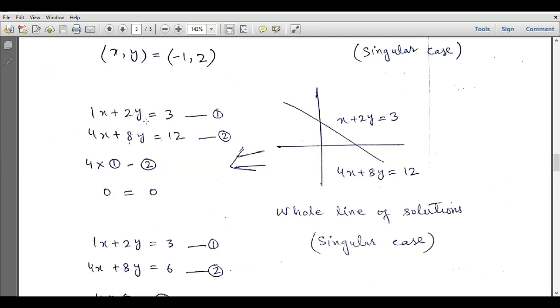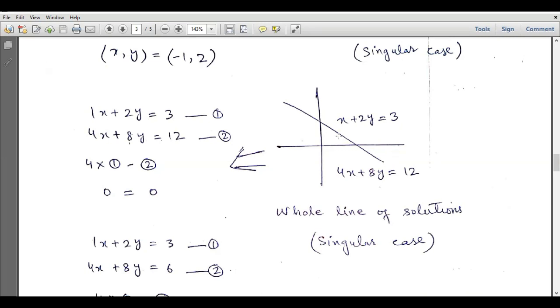So both equations are the same, and if we plot both equations, they will correspond to a single straight line. One straight line will be lying on top of the other straight line, and in this case we have a whole line of solutions because there will be infinite points which are intersecting with each other.